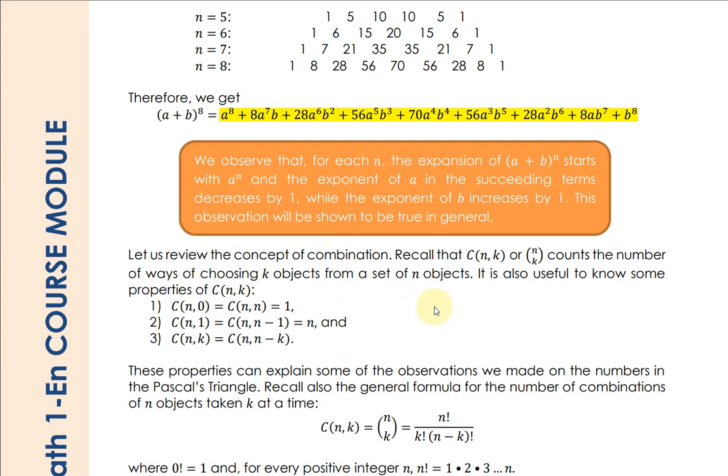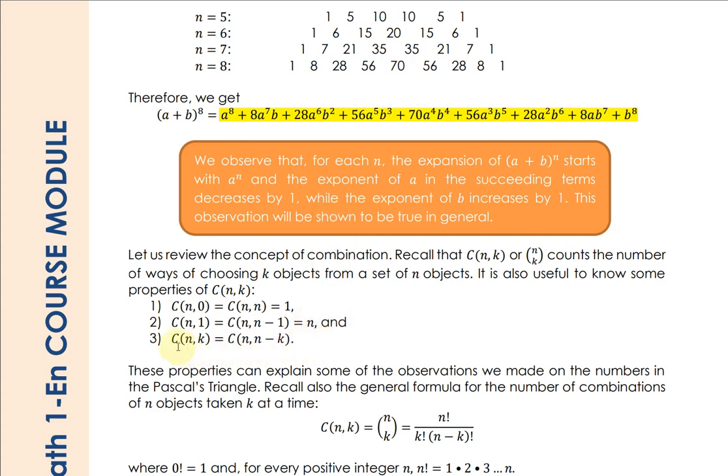For example, you have 6 prizes, and you are only allowed to choose one of those 6 prizes. How many combinations? Of course, there are 6 combinations. You can choose prize 1, prize 2, 3, 4, 5, 6. So that's why our answer here is n also.